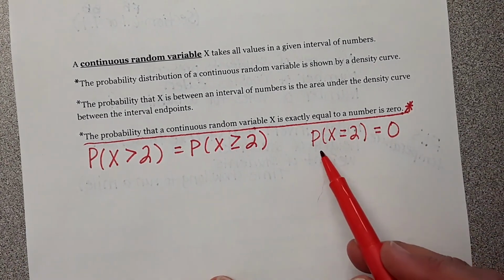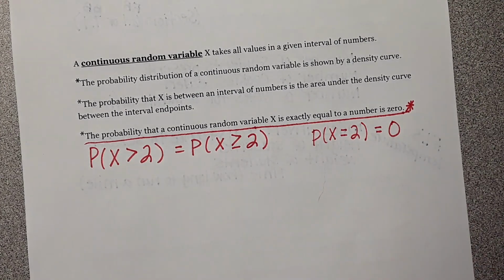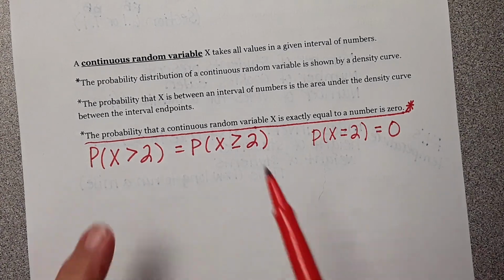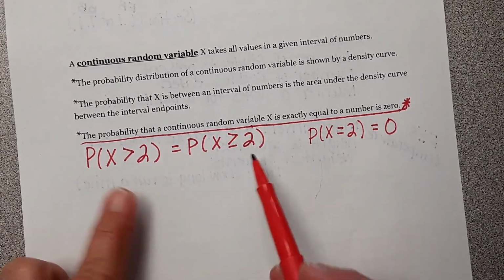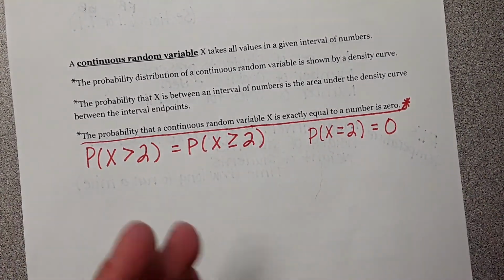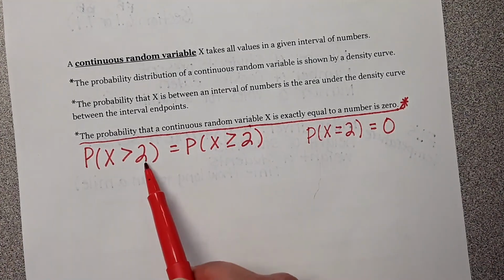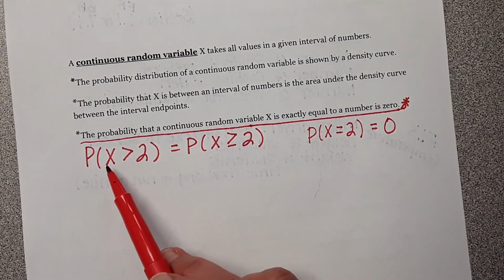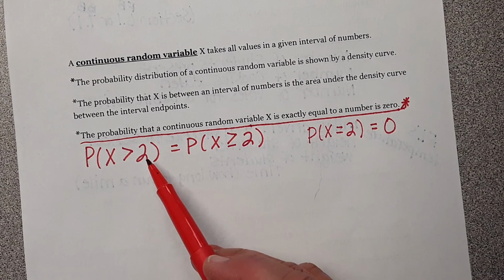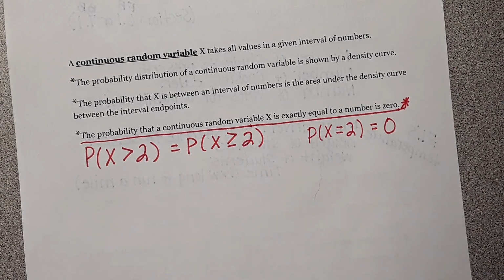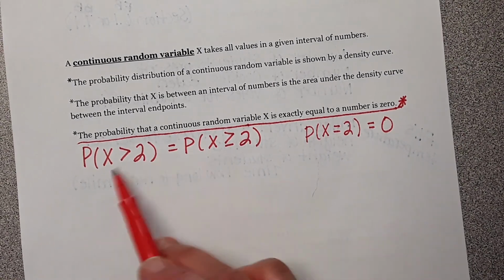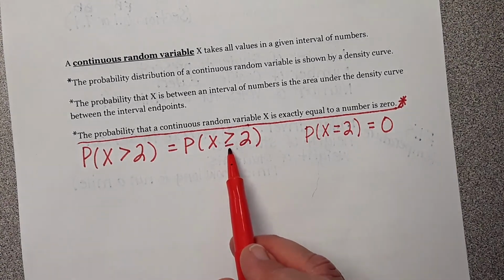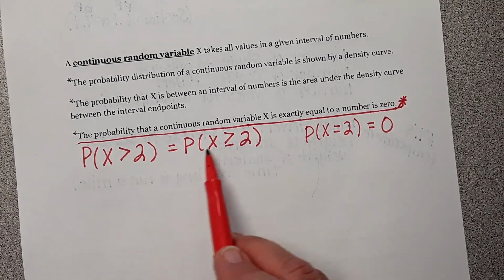If I told you the probability of x equaling 3 and it's a continuous random variable, it's going to be 0. So again, you guys, it doesn't matter what number is there. If I ask you what's the probability of x being greater than 5 or x being less than 5, it doesn't matter about the equal sign, these two will always have the same probability.